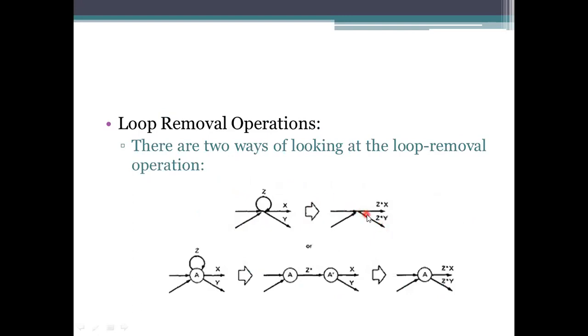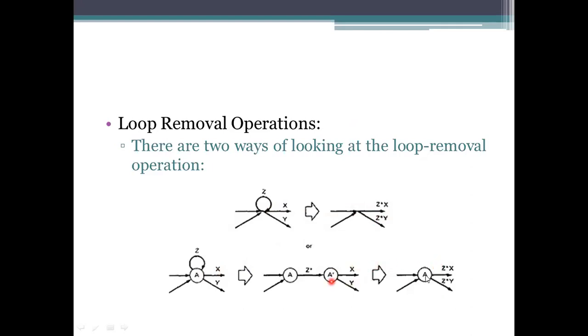How am I going to remove the loop? The first step is splitting the loop with the multiple links we are having, a step-by-step procedure. So we are adding one node to that one. The node we are representing is a dash here, and we are presenting Z star as a loop here. If it is a loop, we need to present it as Z star.